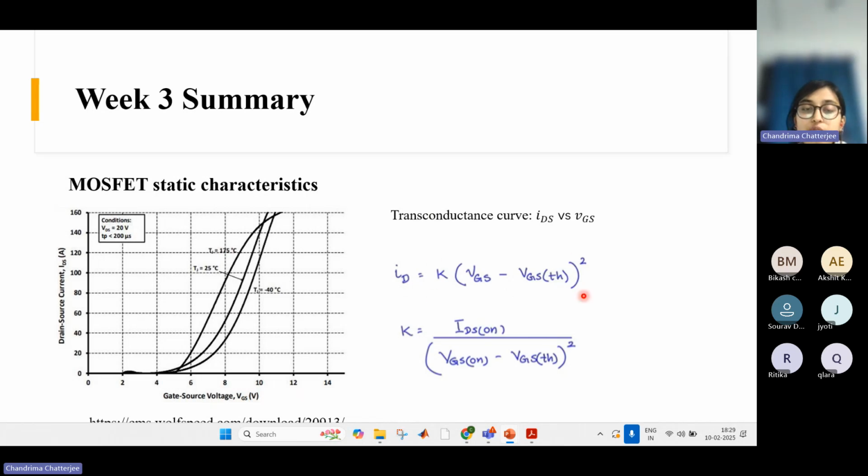So from this formula, you can get the relation between ID and VGS. And for finding out K, you can just refer to this formula. So for a particular operating point, this IDS on, then VGS and VGS threshold, all these parameters will be given in the data sheet. So from there you can calculate K, right? So this is the transconductance curve for the MOSFET.